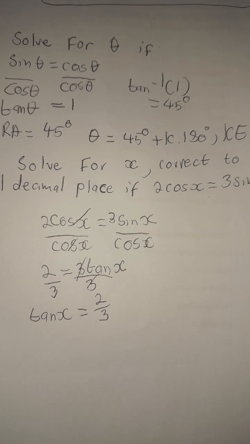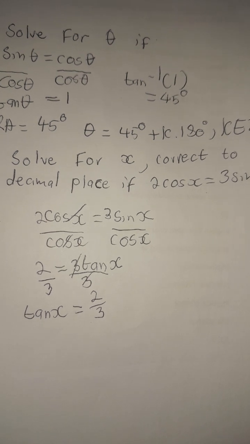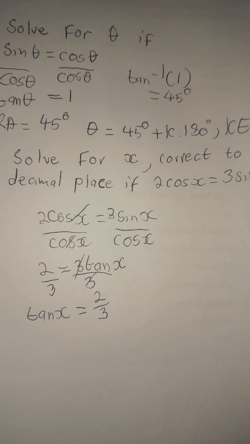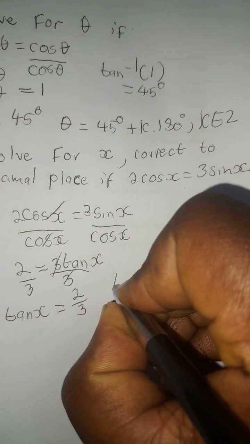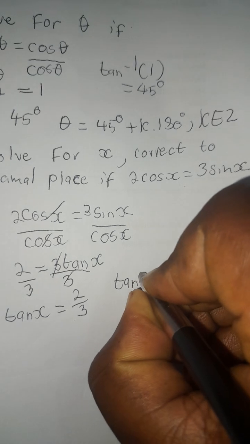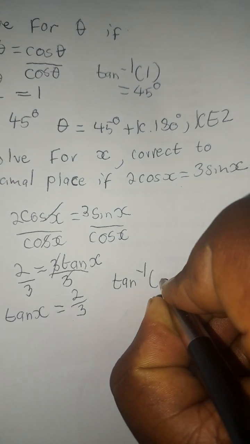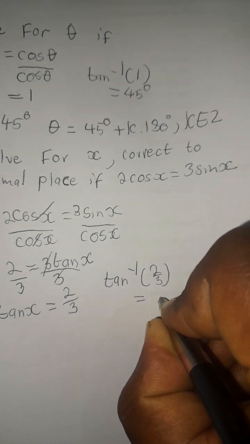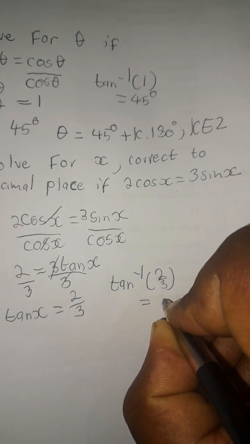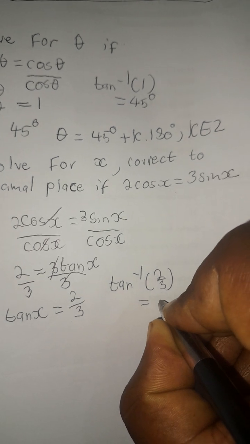What are we doing when we're here, Mr. Richard? Remember, I told you, find the reference angle. You find your reference angle by saying tan arc of 2 all over 3. Put that in a calculator. Remember, you do not need to round off.